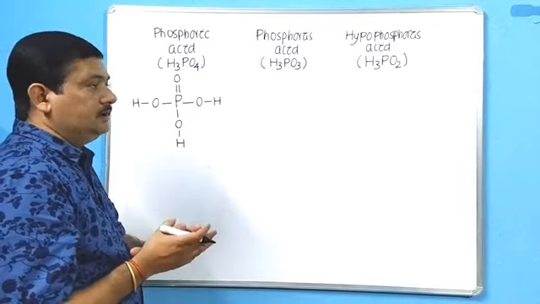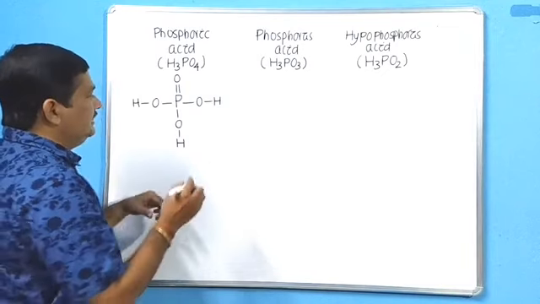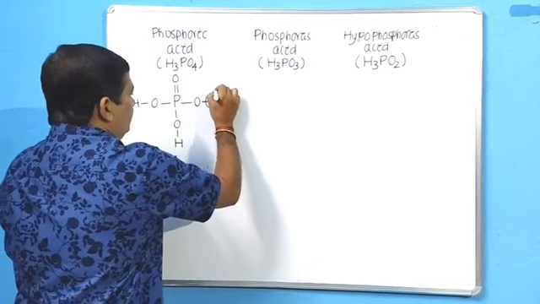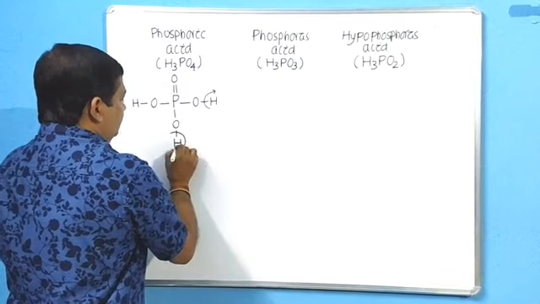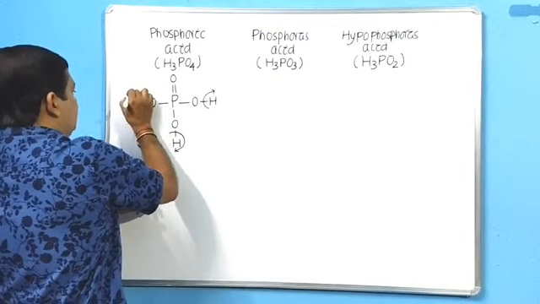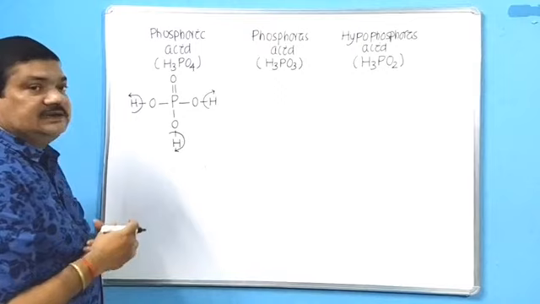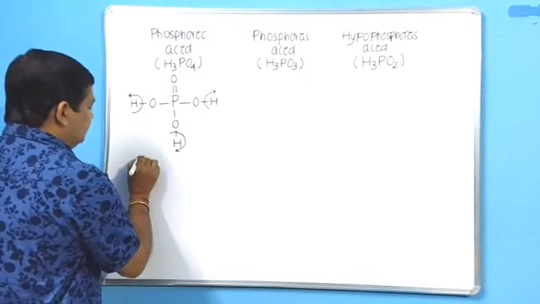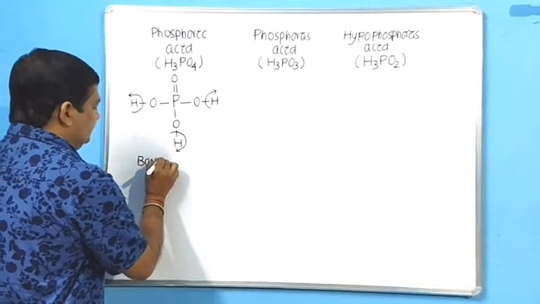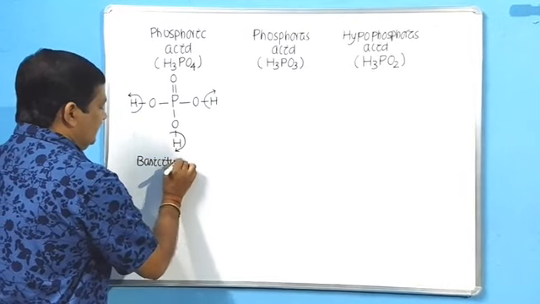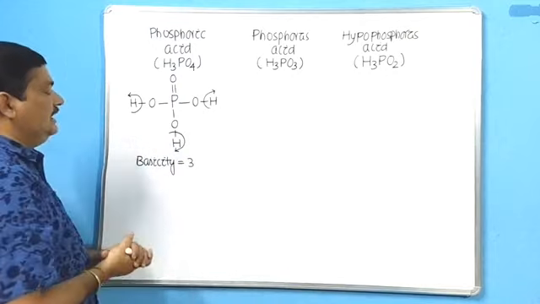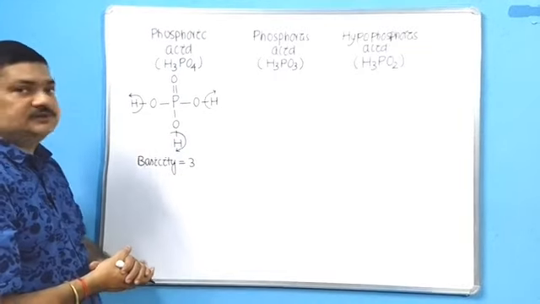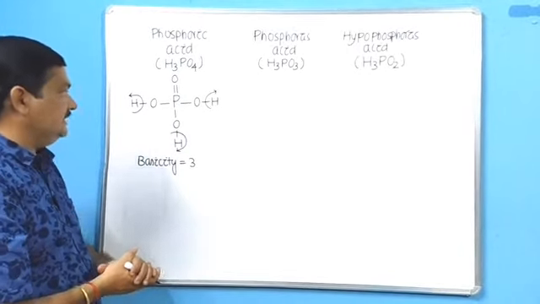You have to remember, the bond between oxygen and hydrogen is a weak one, so it can be easily removed. So this hydrogen can be removed, this hydrogen can be removed, this hydrogen can be removed. So what is its basicity? Its basicity is 3, because 3 H plus ions can be easily removed from phosphoric acid.